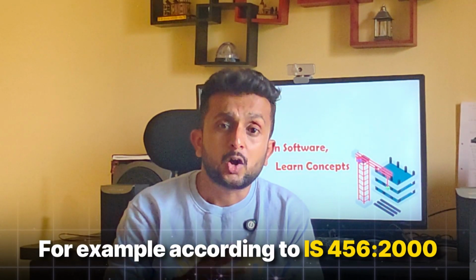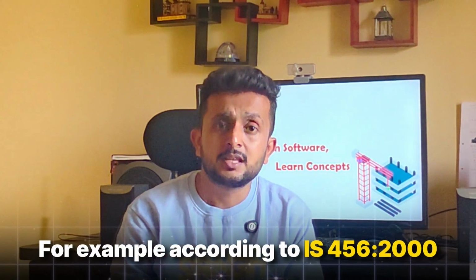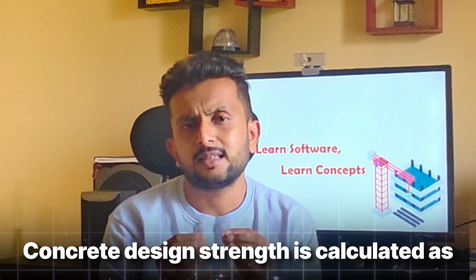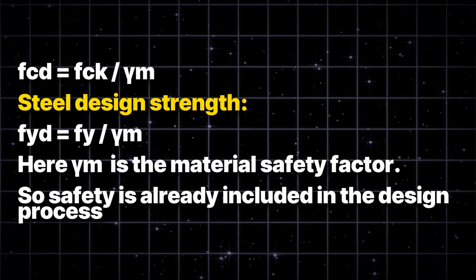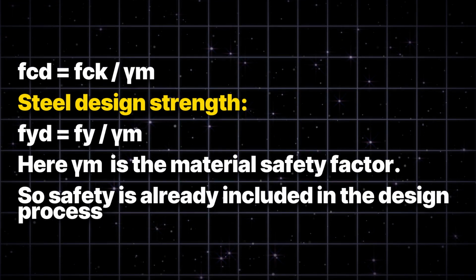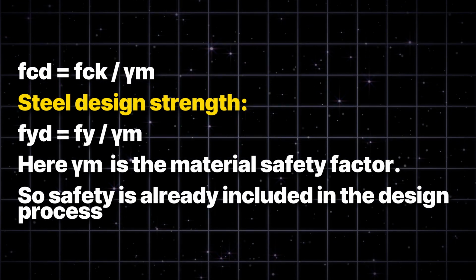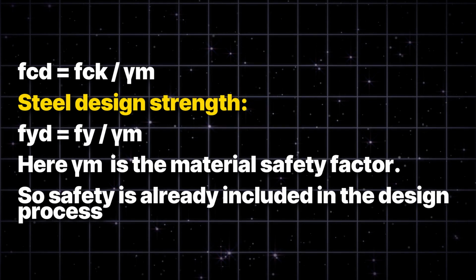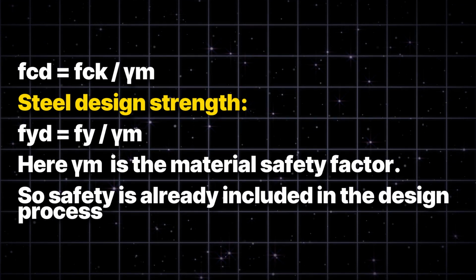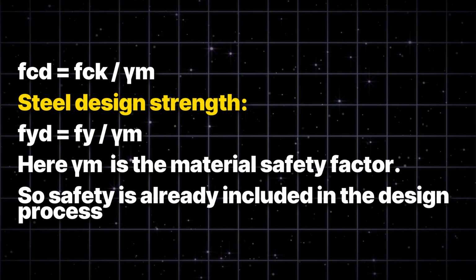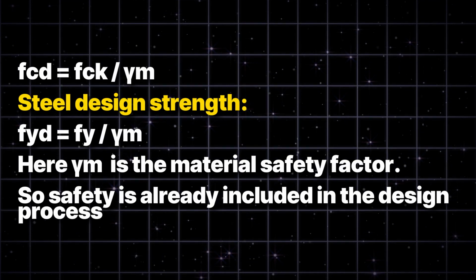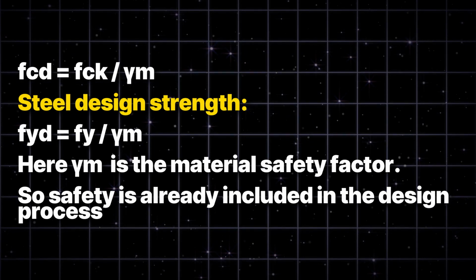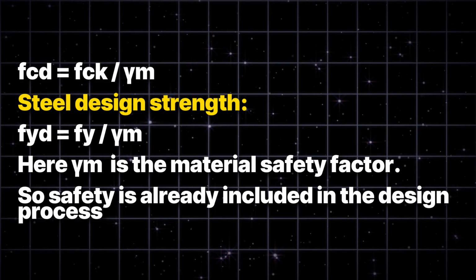For example, according to IS 456, the concrete design strength is calculated as, you understand this formula and you have already studied this during graduation, fcd equals fck divided by gamma m, right? And the steel design strength is fyd, based on fy divided by gamma m. Here this gamma m is the material safety factor. So the safety is already included in the design process.